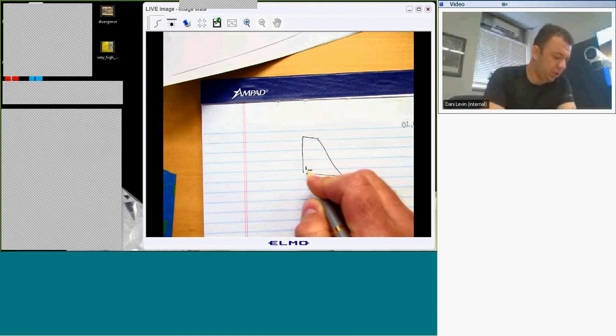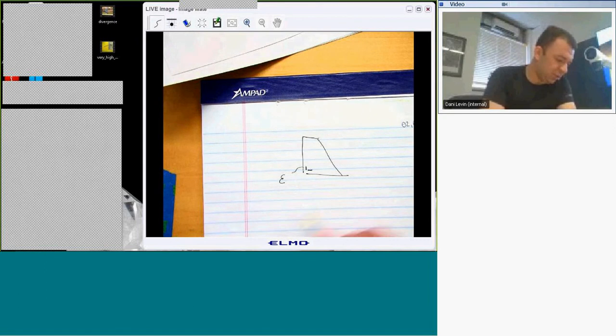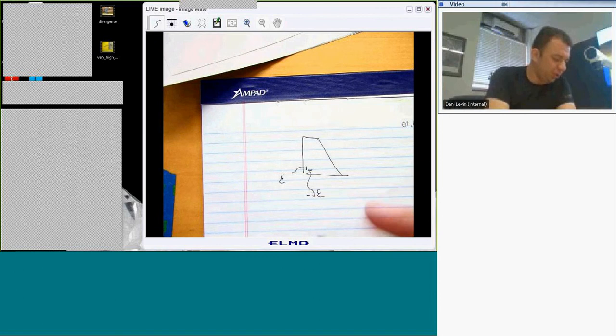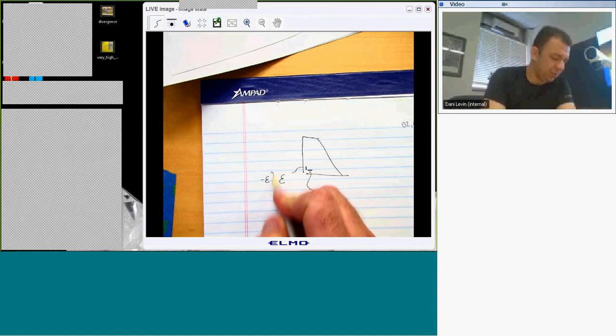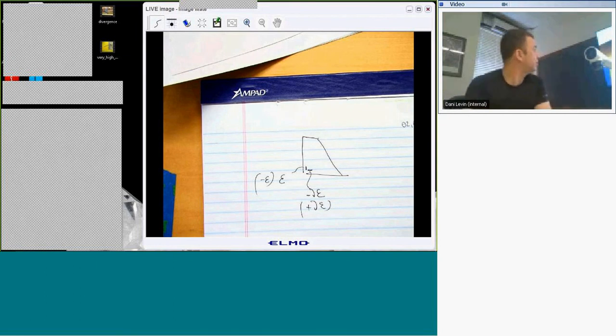Once you bend it, this will have some strain epsilon, and this will have minus nu epsilon. So the other side couple will have minus epsilon and plus nu epsilon, right? From the other side.